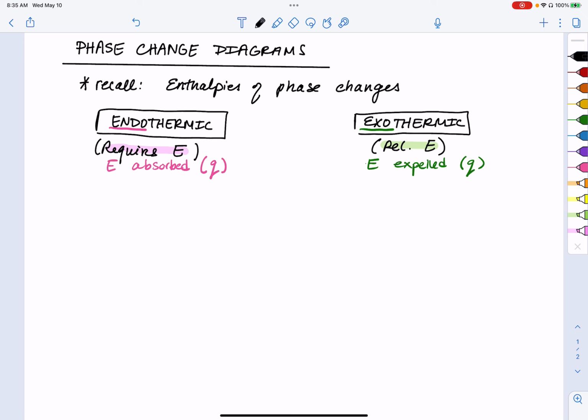So of our endothermic phase changes, or phase changes that require energy in order to occur, we have the phase change of melting, otherwise known as fusion. Again, this is where we go from a solid into a liquid.